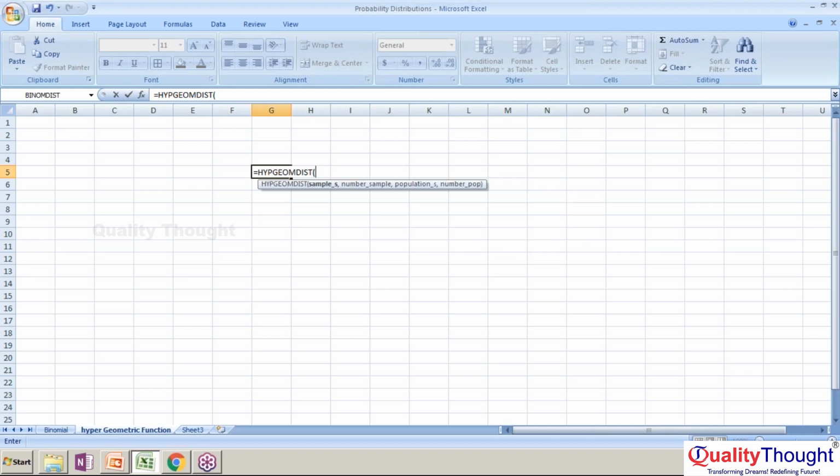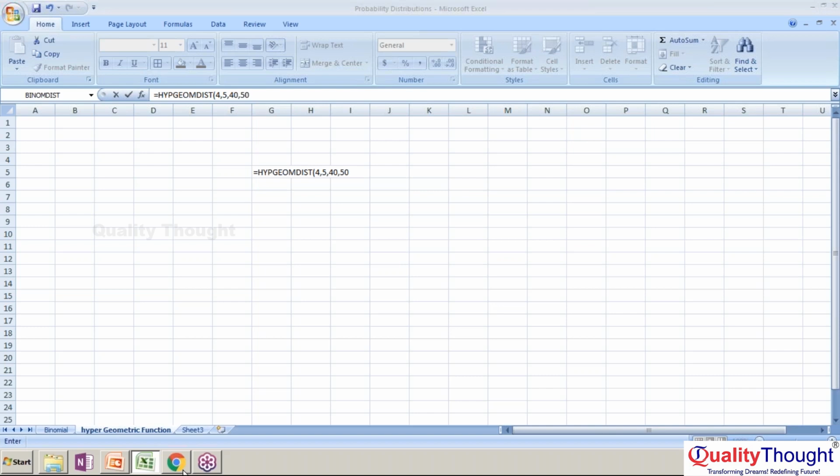You want to take 4. Number of samples 5. Population 50. Number of population. Here, if you can take a look at this one.